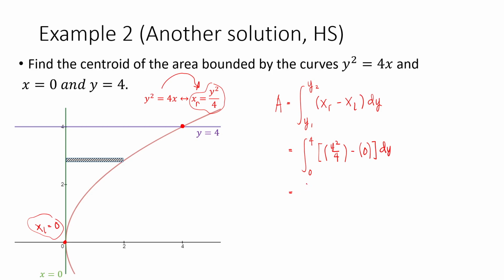So notice that in solving the area, it's much simpler compared to the vertical strip. So this is 5.33 square units. Of course you can already tell that the horizontal strip is much easier, because if you compare it with the vertical strip, this became y equals 2 square root of x.